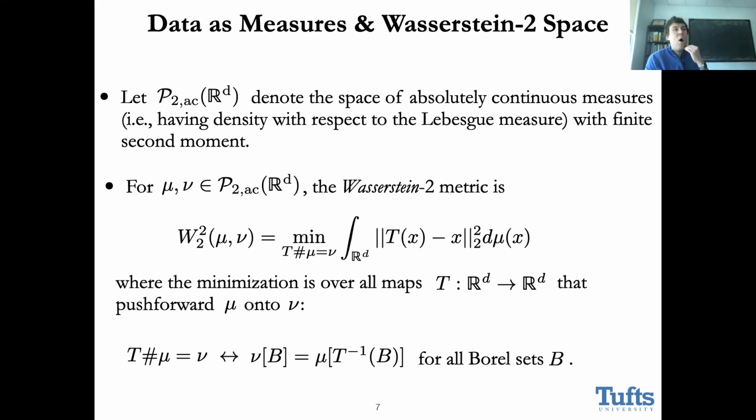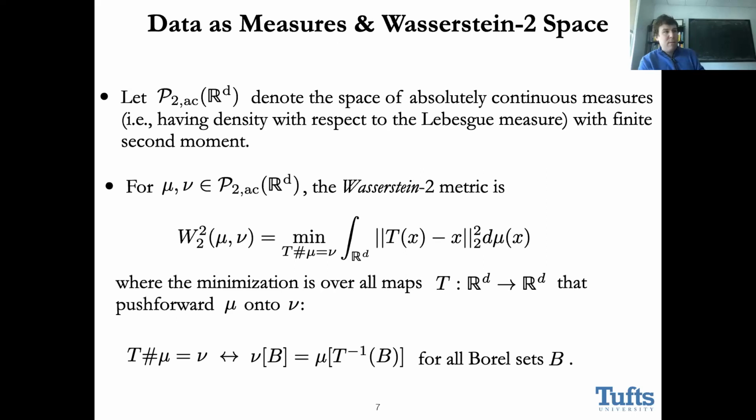So I'm going to minimize over all maps T which push forward mu onto nu, which is a condition that essentially says when I transfer probability mass from the input domain to the output domain under the map T, that syncs up with the assignments of probability masses that the measures mu and nu I'm comparing give.